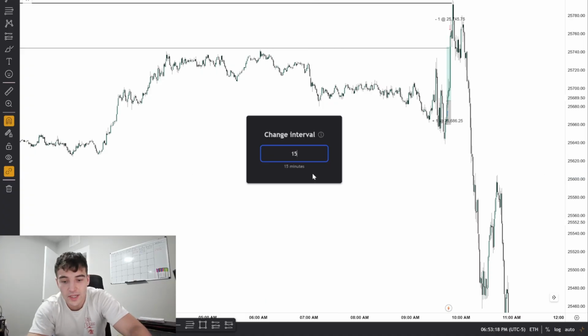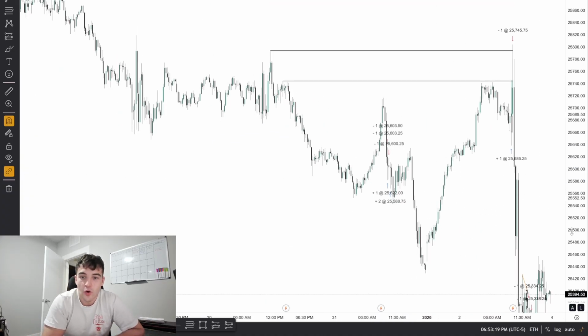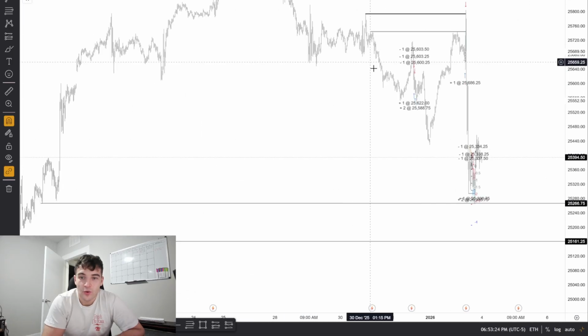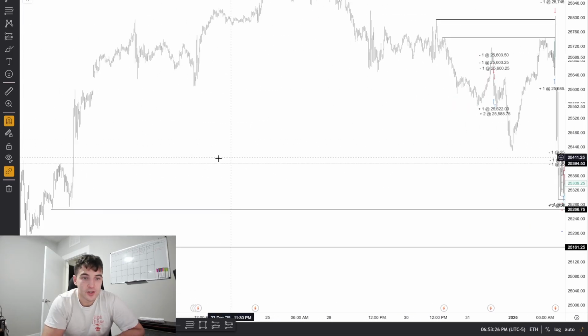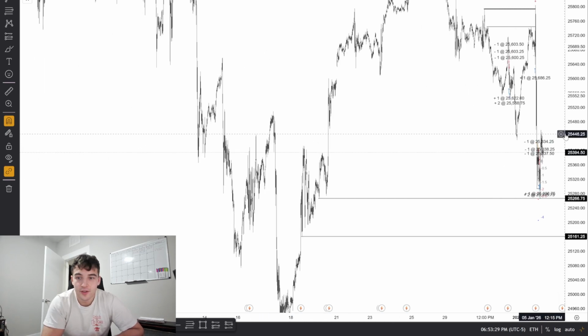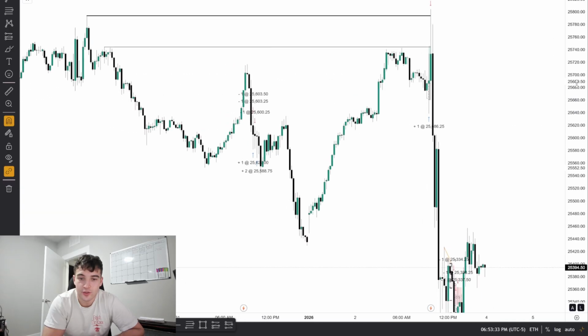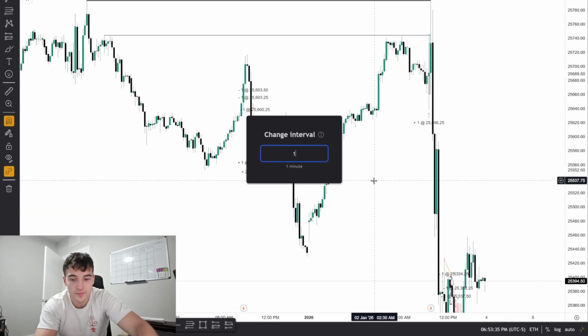So I'll just do a higher level overview at the moment. Overnight we had sold off into this large imbalance here. We swept these internal lows, and Asia had a huge run to the upside.